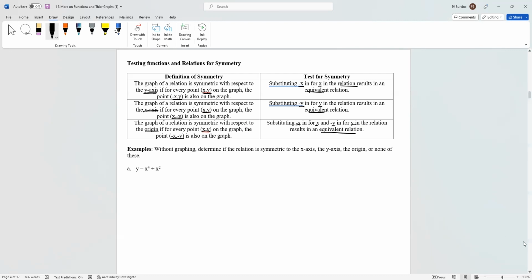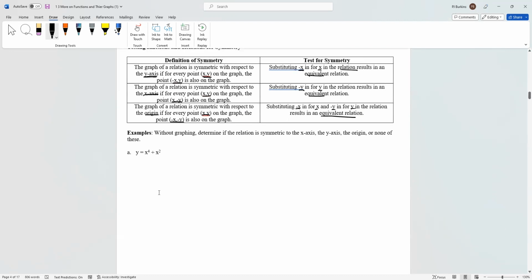All right, so let's go ahead and try these out. The first one here is y equals x to the fourth plus x squared. So let's see if this thing is symmetric about the y-axis. To do that, we need to plug a negative x in for everywhere we see an x. So y equals negative x to the fourth plus negative x squared.